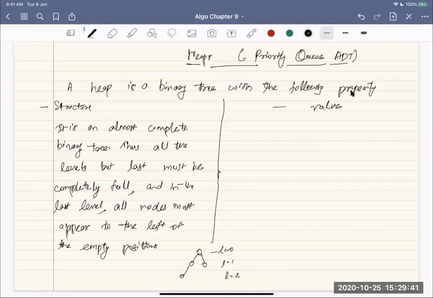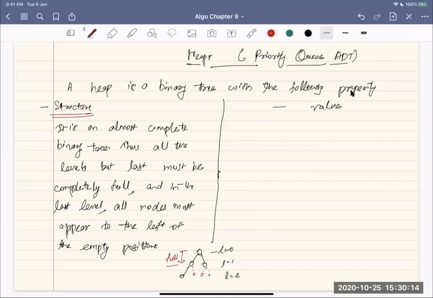And this node has to be here. I cannot put it at this position or this position or this position, because all the nodes in the last level are to the left of all the empty positions. So there are 3 empty positions, and it is filled from top to bottom. So these are full. Okay, so this is the structure property.